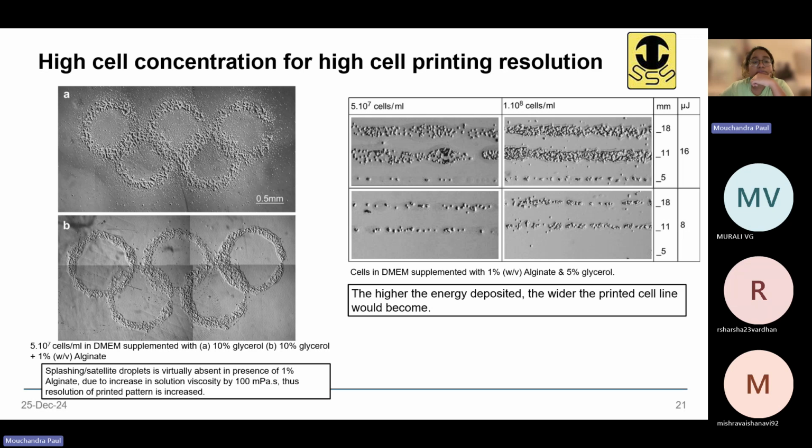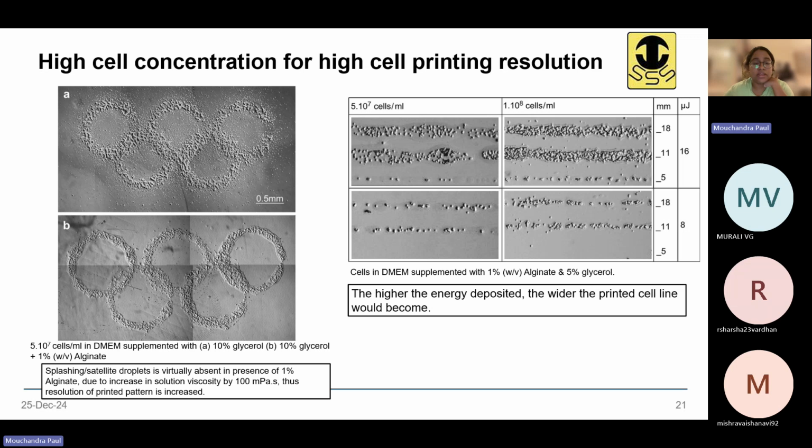Then they've also shown how to get high printing resolution for high cell concentration. So if you follow this particular column, here they are printing 50 million cells that is supplemented in medium.